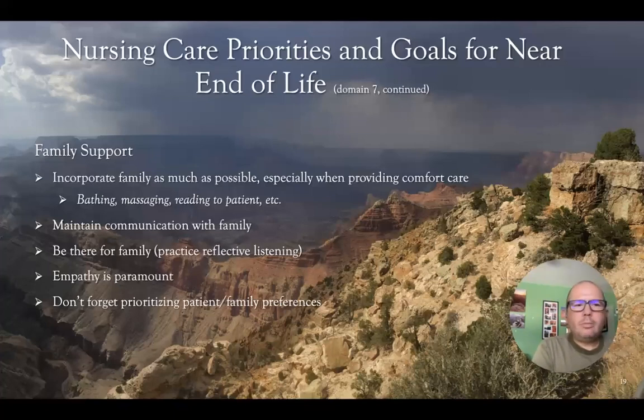Maintain communication with the family, let them know what's going on. Be there for them. Practice reflective listening, empathy is paramount. Make sure to empathize with the family as much as possible. And don't forget to prioritize patient and family preferences.